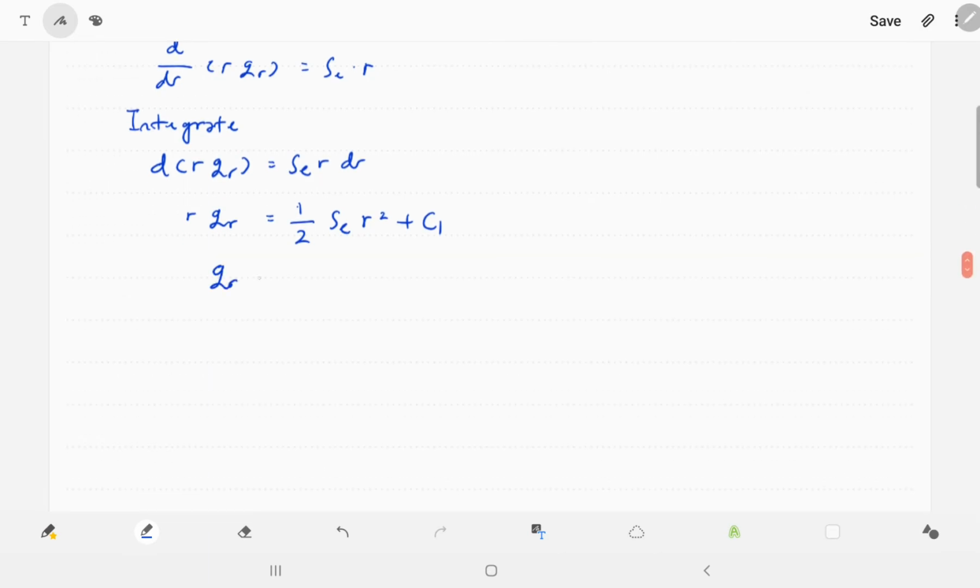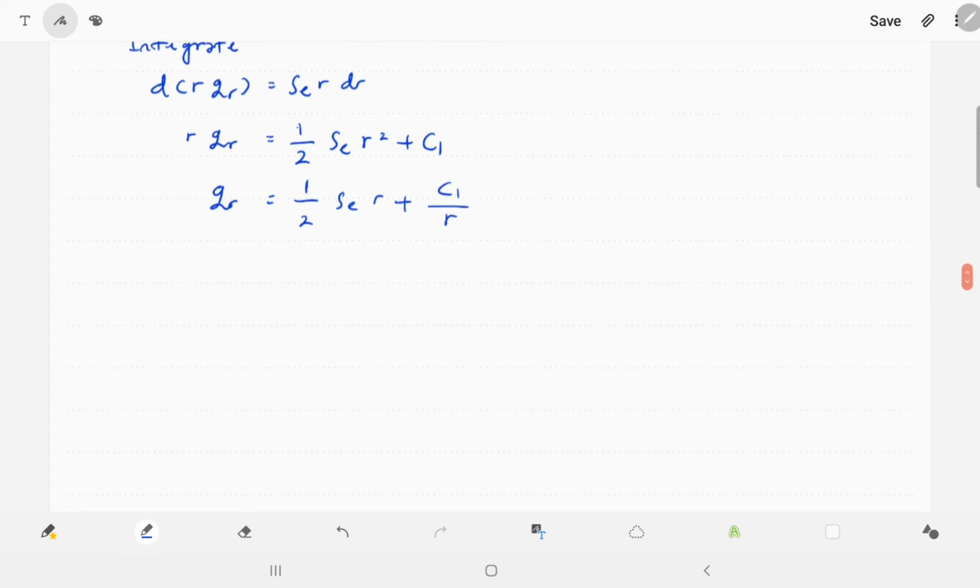Then we can divide the left term and the right term by r. Then we can put in the boundary conditions to find the value of C1.